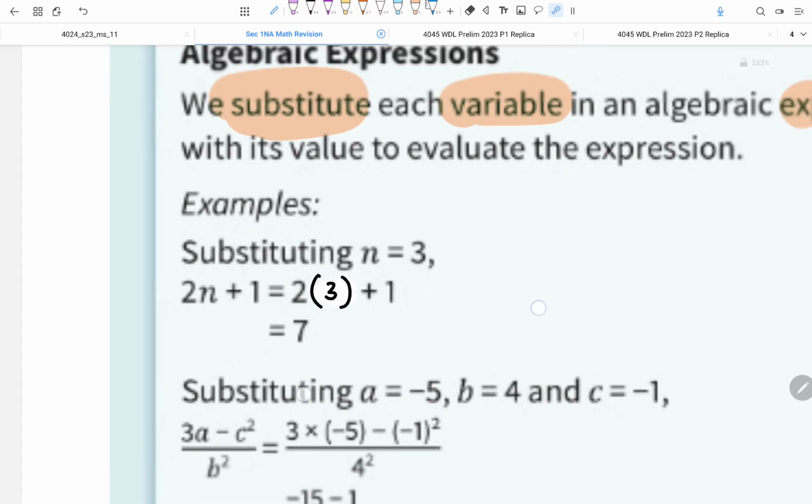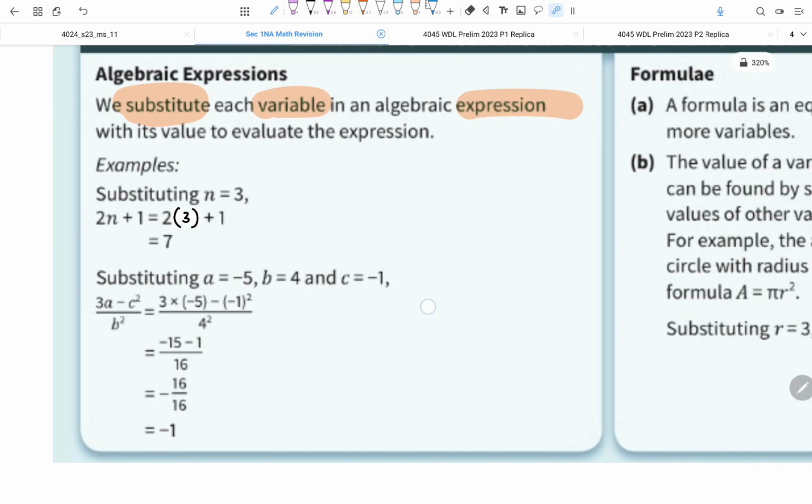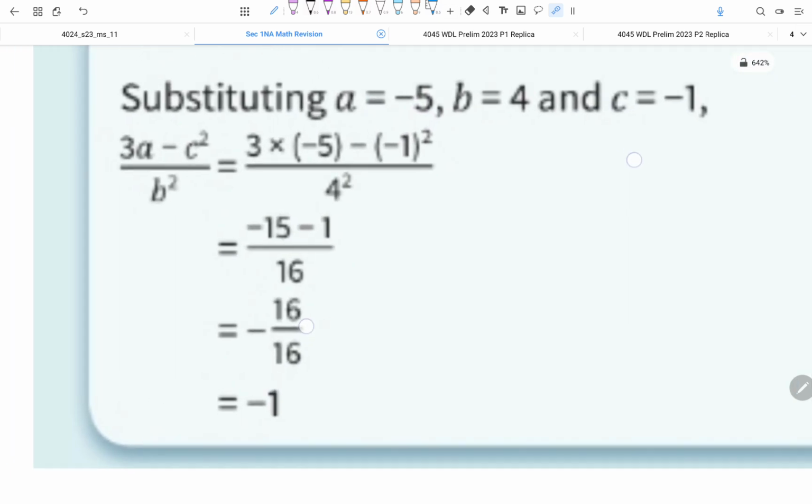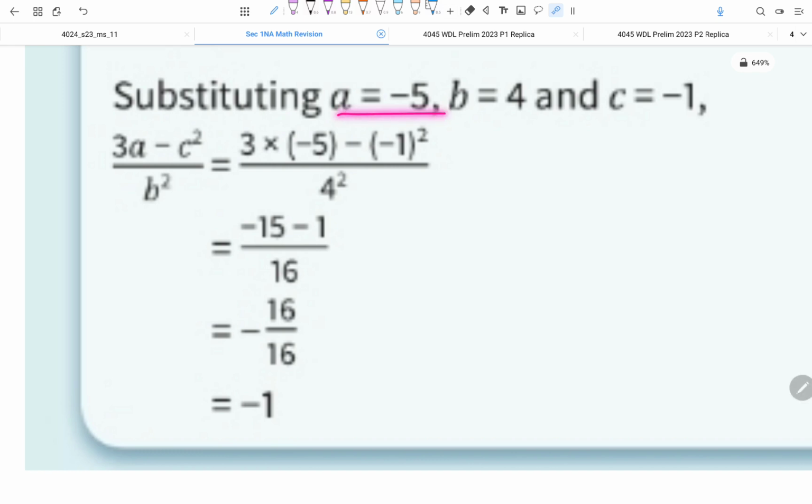Now the tricky part about this topic is when negative numbers are involved. So let's look at this question. Substitute a equals negative 5, b equals 4, and c equals negative 1. Now the a is simple. Just substitute negative 5 with bracket. But the c, be very careful. This minus sign and the c minus sign, they are different.